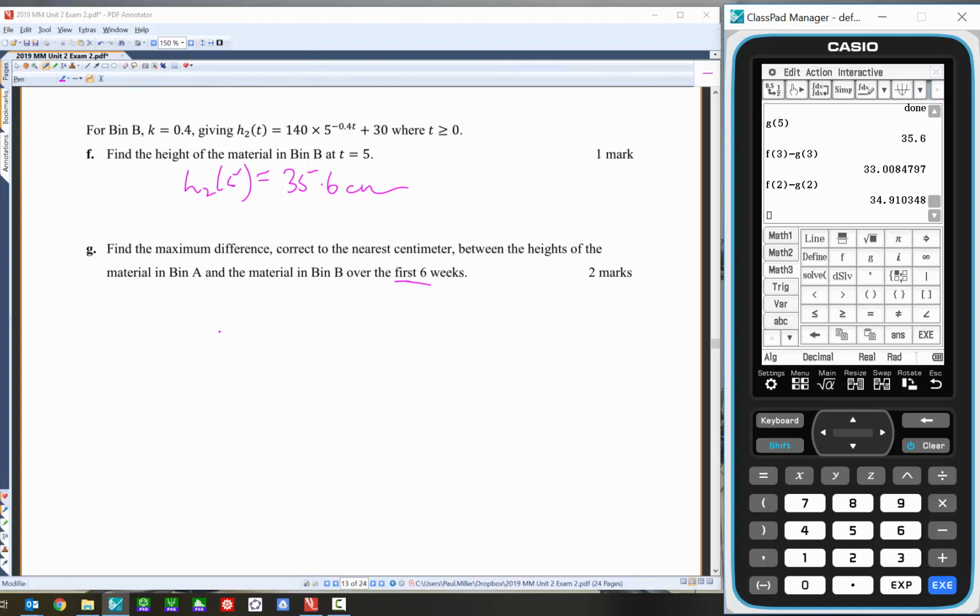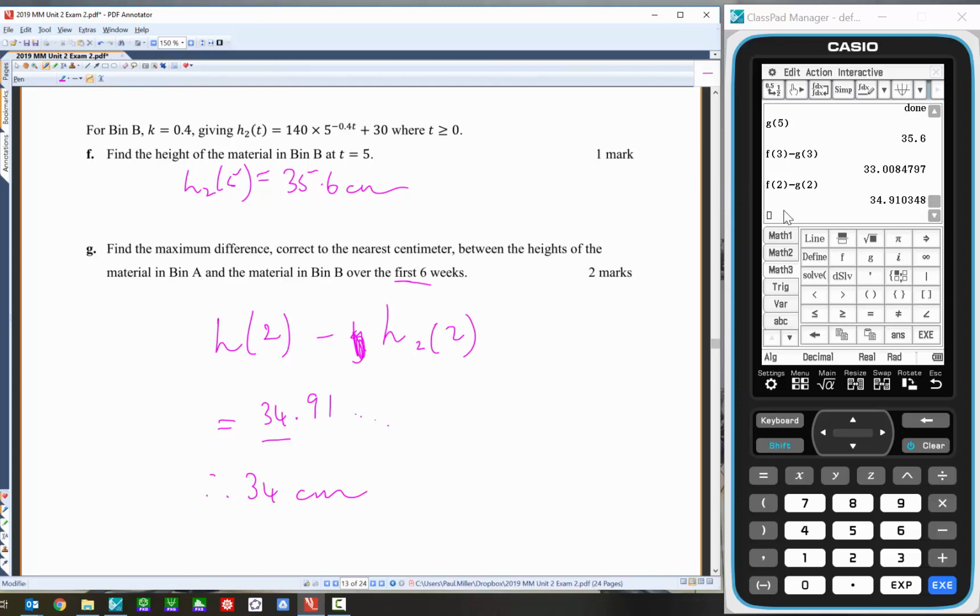So you had to sort of show some trial and error, but ultimately it was going to be h of 2 take away, not g, h, what's that new function called? h2 of 2 equals 34.91... correct to the nearest centimetre, therefore 34 centimetres.